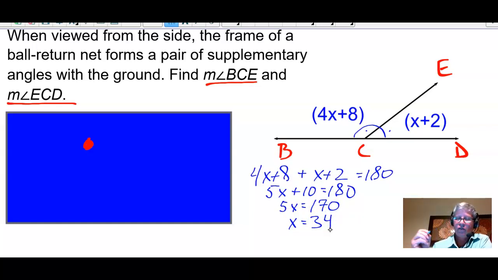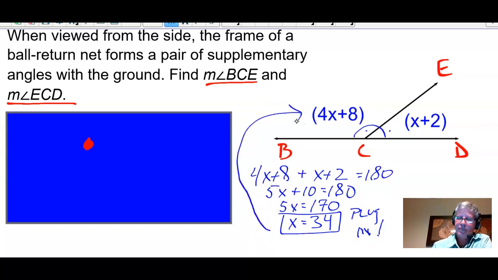34. Don't fall for it. That is not the answer. That is what x is equal to, so now we plug in. So if we come up here and plug it in, we get 4 times 34 plus 8, which is equal to 120, 136, 144.